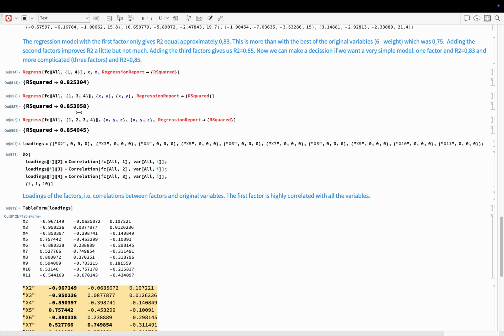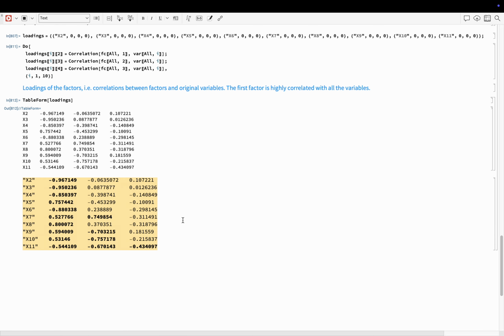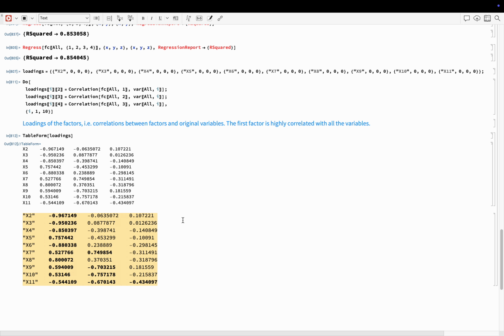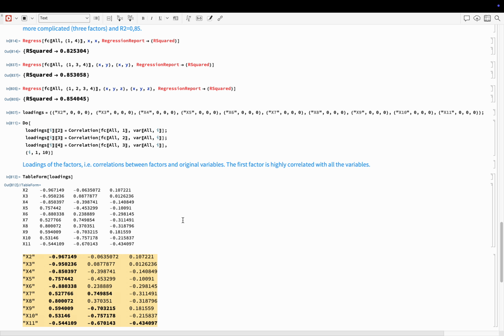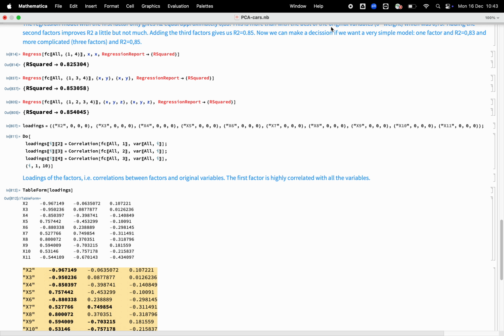So this is a little bit better when we use these principal components as inputs, but there is no really clear interpretation. So if we want just good quality prediction, it is worth doing it. If we want a prediction together with some interpretation, probably we should stick with the original data. Okay, so that's all for now.